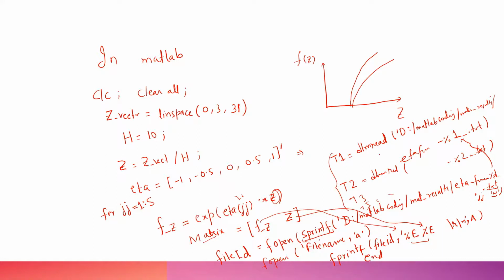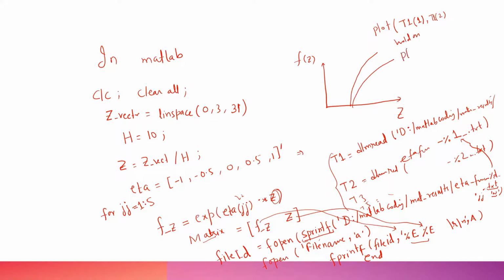And then what we want is to plot. So we will write a command plot T of 1 and T1 of what? First value we want to plot on the X axis and the second on Y. So T1 of 1 and T1 of 2. Hold on. We will write a hold on command.